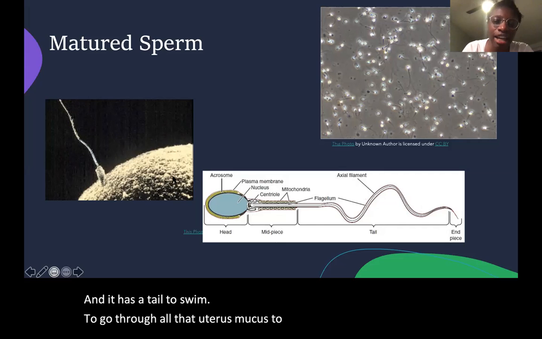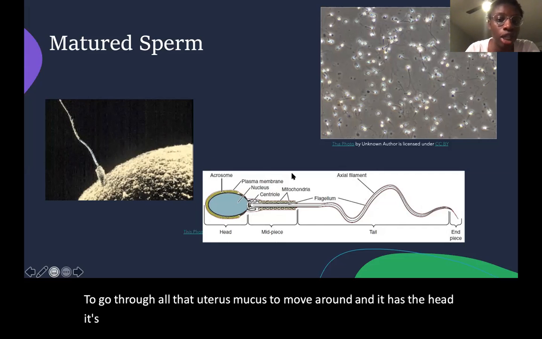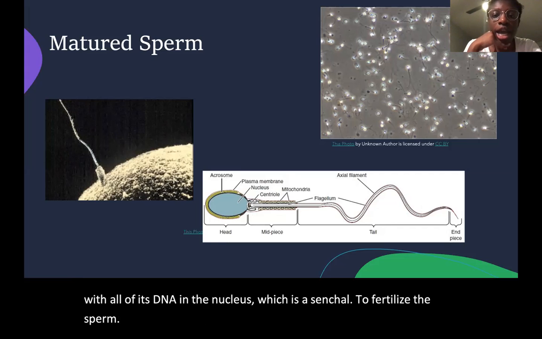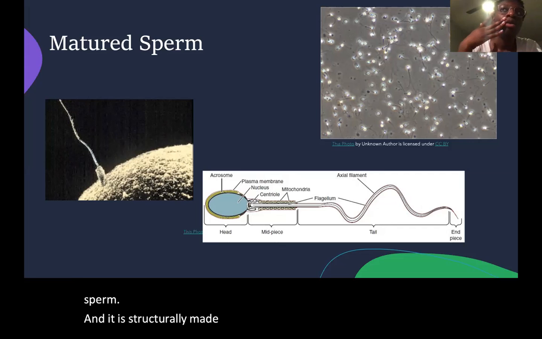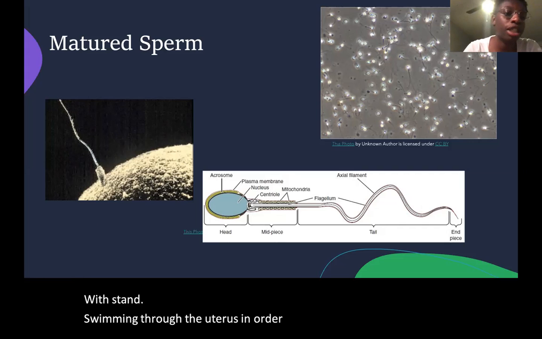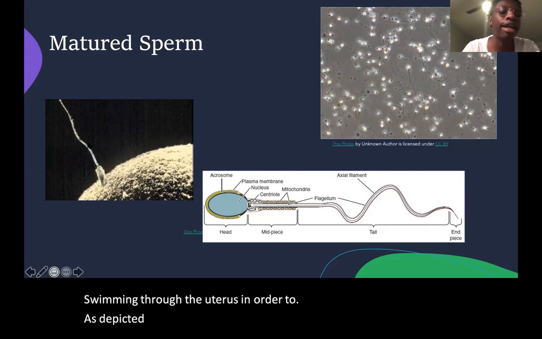And it has a head that's filled with all of its DNA, the nucleus, which is essential to fertilize the egg. And it is structurally made to withstand swimming through the uterus in order to, as depicted here, penetrate an egg to lead to fertilization.